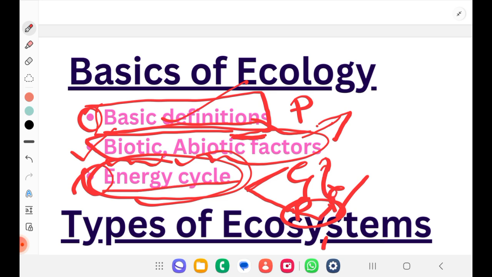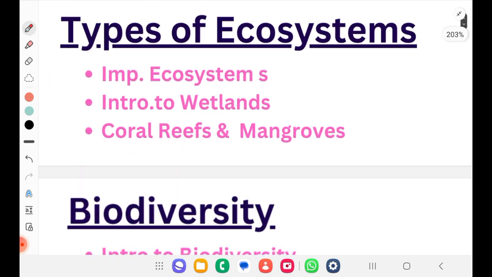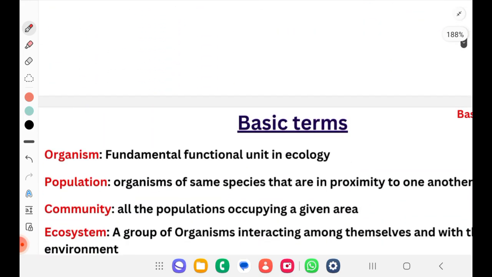These are the main components of this chapter. So just note the first chapter is basics of ecology. Under that we are going to deal with definitions first, second biotic and abiotic factors, and third energy cycles. Okay, now we'll start the first chapter directly.